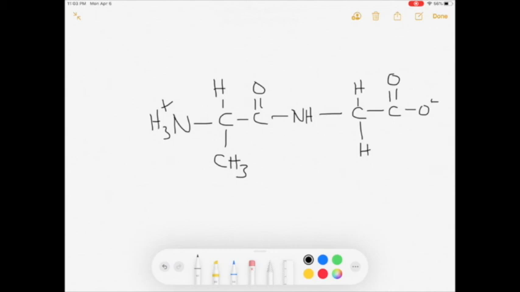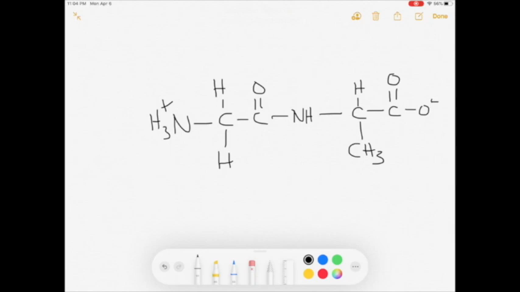So the alanine is on the N-terminus side and the glycine is on the C-terminus side. But we could switch those and get a different dipeptide. So let's do that real quick. Get rid of those R groups and redraw it now with glycine on the N-terminus and alanine on the C-terminus side. So just two amino acids can form two different dipeptides.